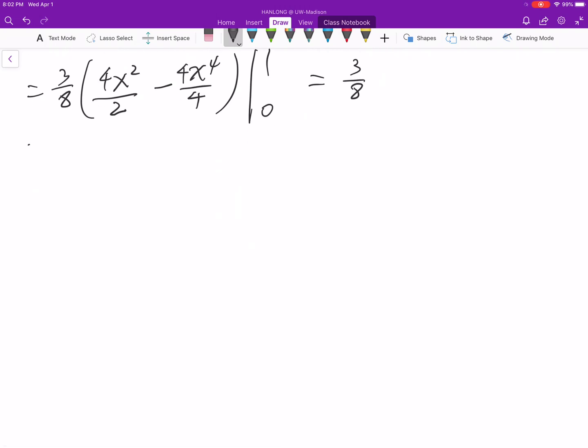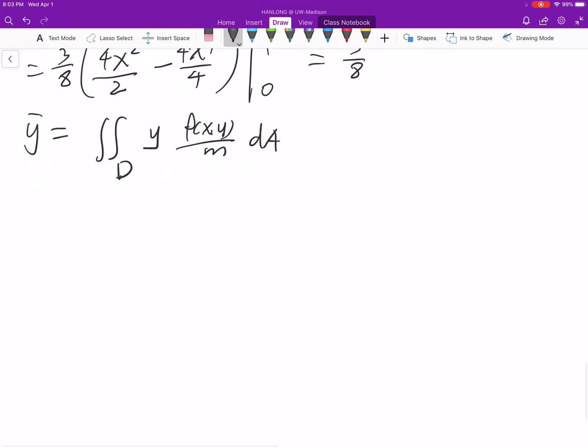Okay, similarly, we can write down the formula for y bar. This is the integration over D of the function y rho xy divided by m. And then you figure out m, set up the domain. You have exactly the same thing, except you have y instead of x.